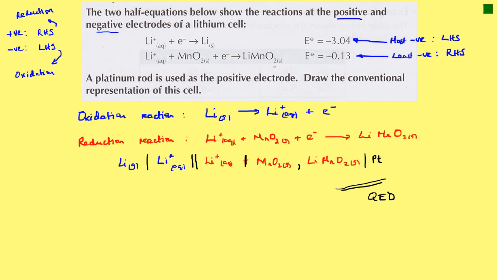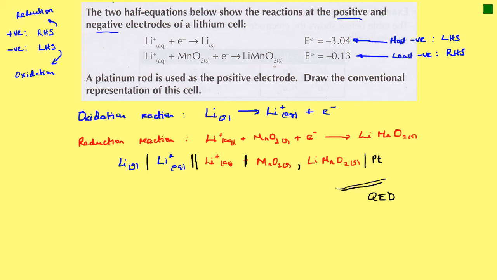So the lithium ion in aqueous solution plus the manganese oxide, right, plus an electron is giving lithium manganese oxide as a solid. So now we've written our oxidation and reduction reactions down.